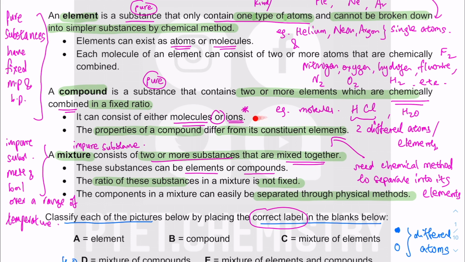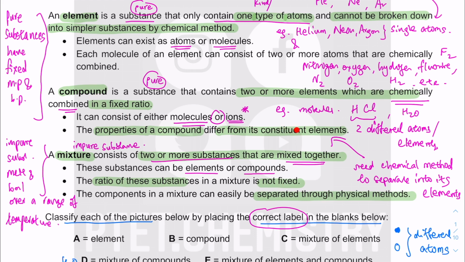In a compound, you have a fixed ratio of the two or more elements combined together, whereas the ratio of the substances that are mixed together can be variable. That means the ratio in which they are mixed is not fixed at all.